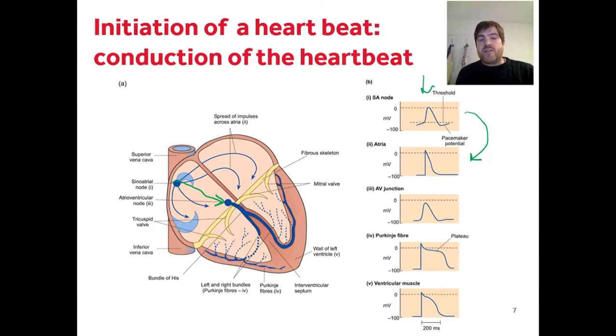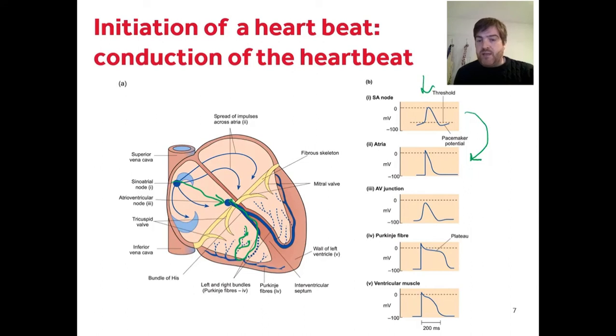Instead, the action potential from across the atria is sensed by the atrioventricular node. That is another pacemaker cell that slightly delays the action potential and then sends it down conduction pathways, including these Purkinje fibers, which penetrate through the muscle layer throughout the heart, and then they trigger coordinated action potential and contraction of the right and left ventricles at the same time.